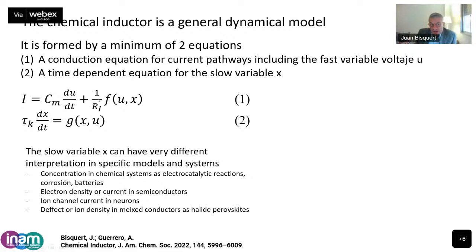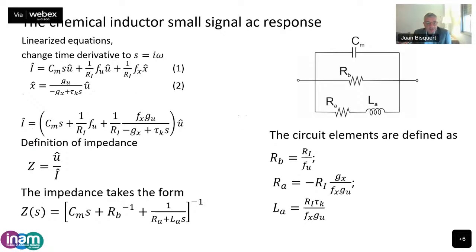Then the X is not instantaneous. It responds with a relaxation time tau k. And if you have this structure with a memory effect, then this is what I call the chemical inductor, and there are many different interpretations to the X then, okay? But whatever the interpretation, if I have these two equations and calculate the small perturbation, then I will arrive to this equation in which current is proportional to voltage.